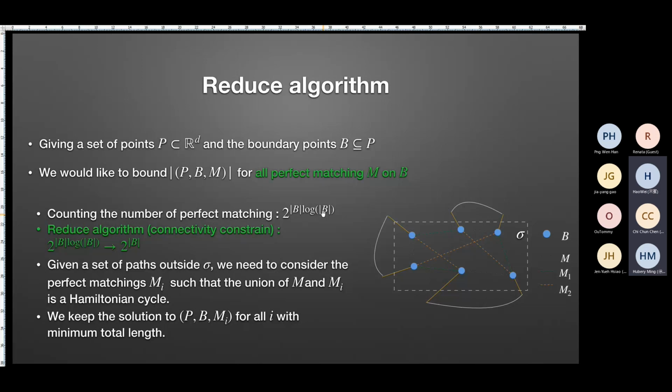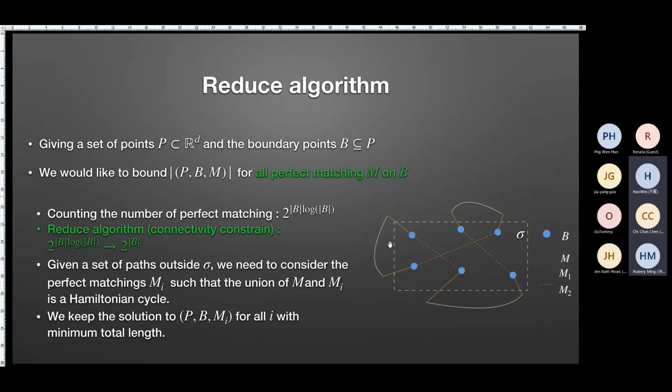The power of the reduced algorithm is to reduce the number of perfect matchings from this number to 2 to the power of B by this connectivity constraint. So what is the connectivity constraint?